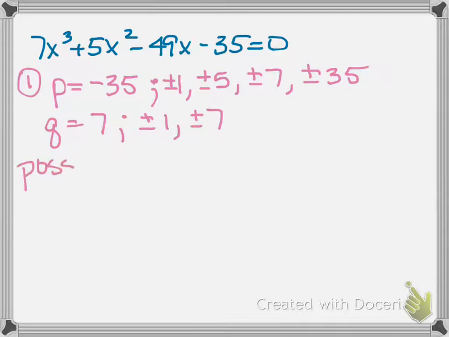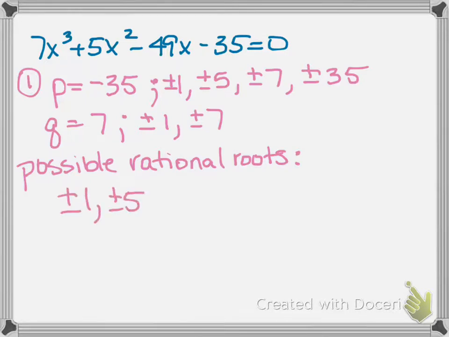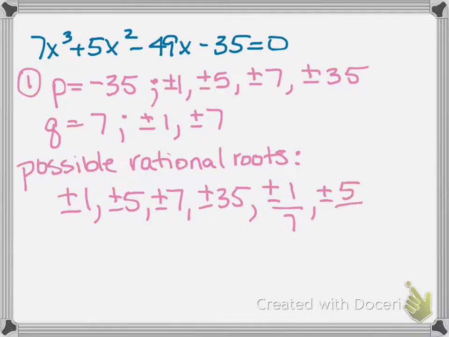So the possible rational roots: we have positive or negative 1, positive or negative 5, positive or negative 7, positive or negative 35, because those are all divided by 1, which just are themselves. Then we have positive or negative 1 over 7, positive or negative 5 over 7, positive or negative 7 over 7, and positive or negative 35 over 7.